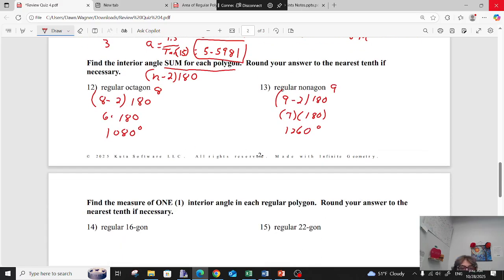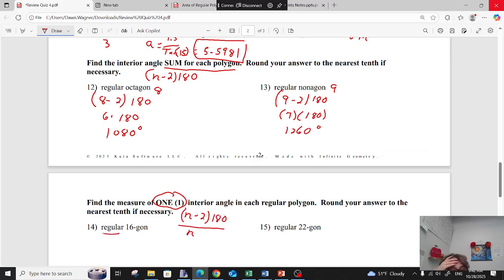Now, see how I put a capital 1 and then I put 1 in parentheses for the next? This formula is a little different. You still do n minus 2 times 180, but then divide by n.